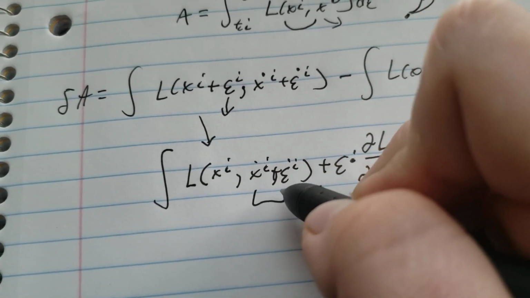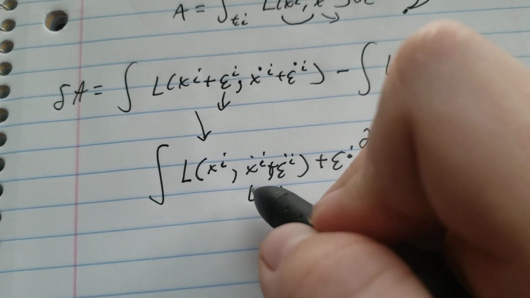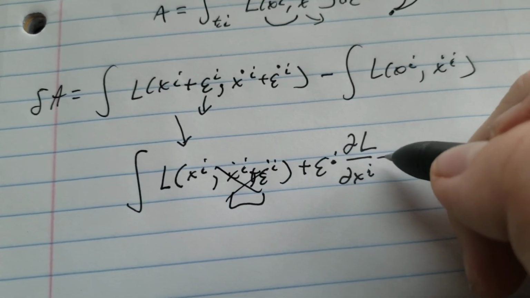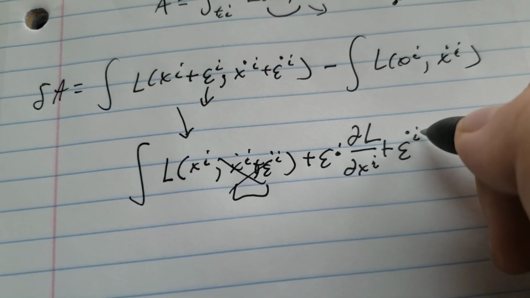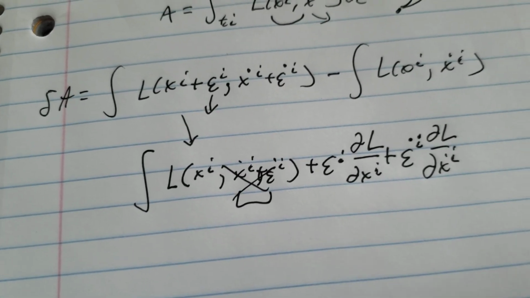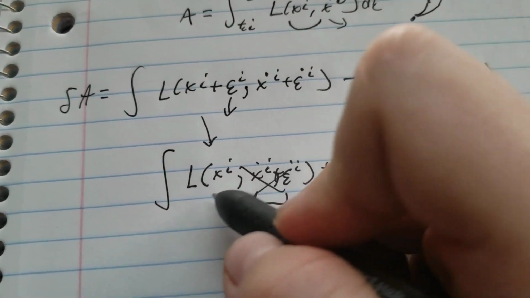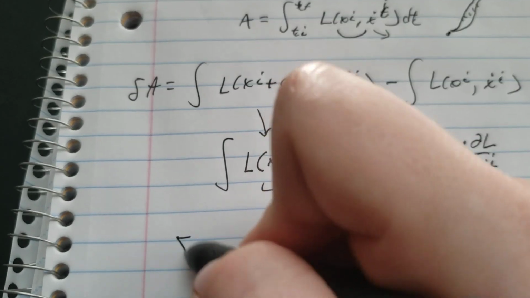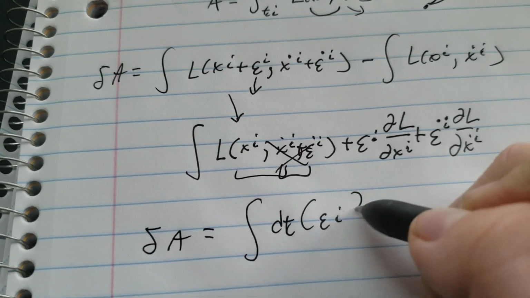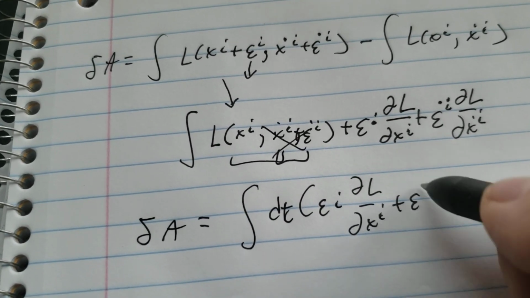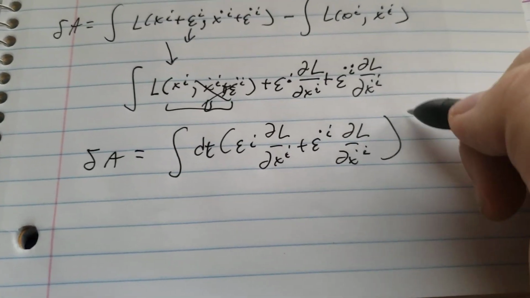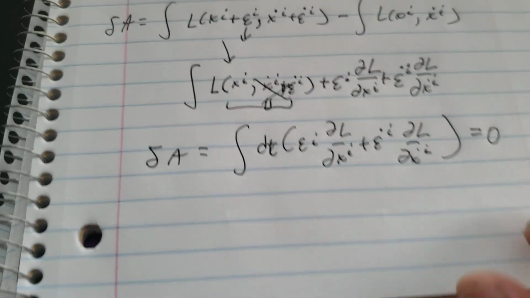And then that too will be similar: you'll take the partial with respect to the velocity, plus the change in the velocity, a total differential. And that's just our regular Lagrangian. And you're left with this equals, and it should equal 0.